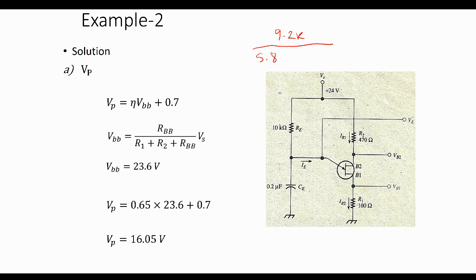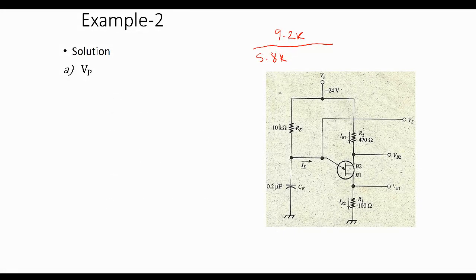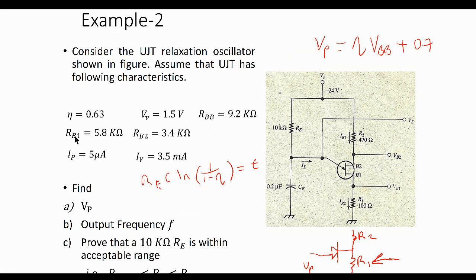Oh, that's not kilo. Hold on. RB1 is 5.8 kilo ohm and RB2 is 3.4 kilo ohm.